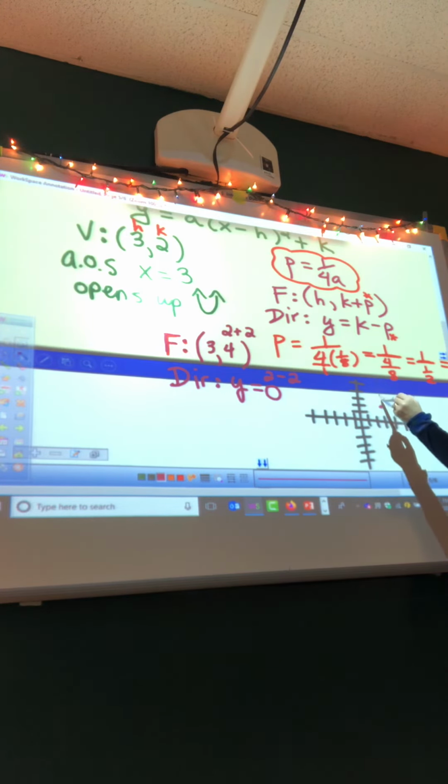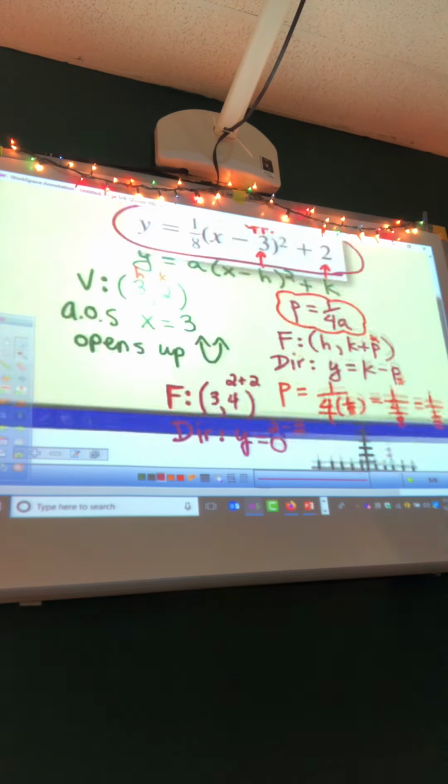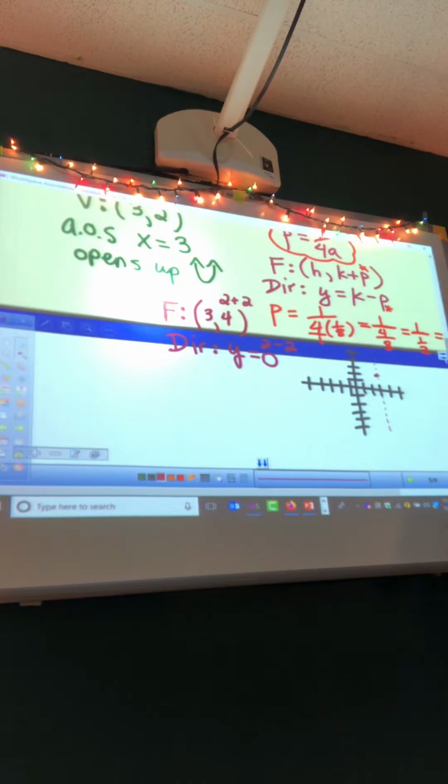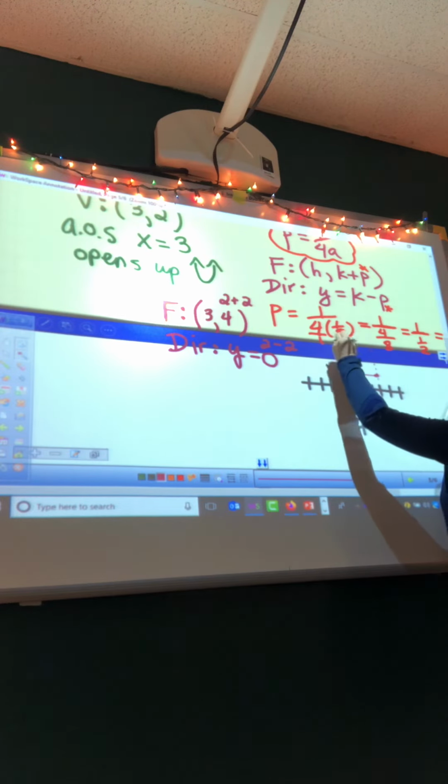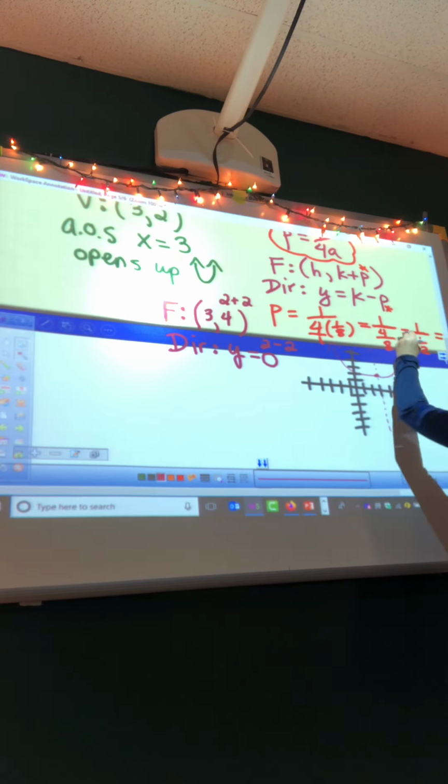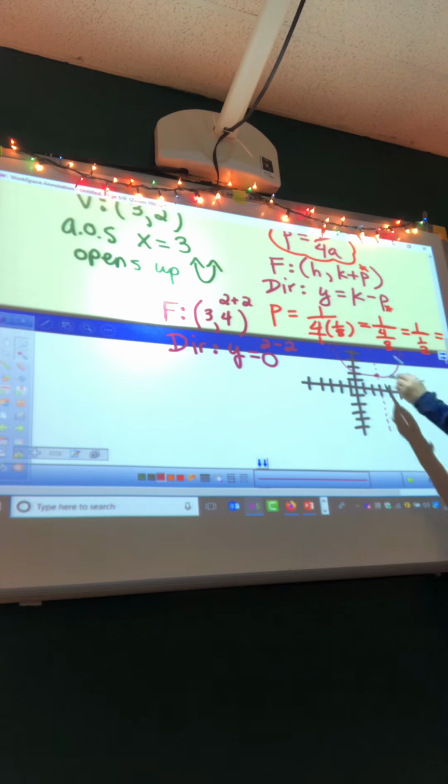Axis of symmetry would be this line. We said it opens up. We said it was going to be more wide, didn't we? Because of the 1/4, oh no, 1/8 this time. So I'm going to make it wider than before. Yeah, that doesn't look like it's the same on this side though, does it? Remember, we know that it should be symmetric. There, that looks better.